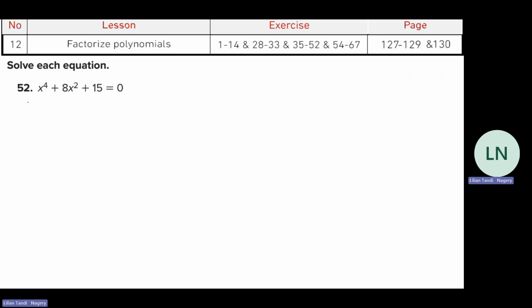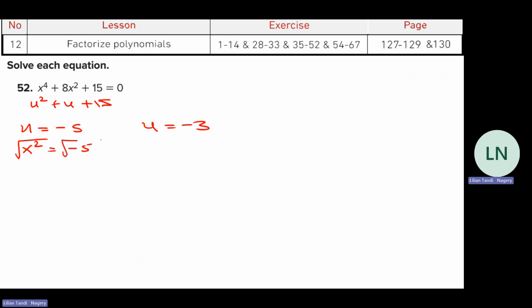Same thing here, you just do u squared plus u plus 15. Solve it in the calculator, you should get 2 u's. Your first u is -5, and your second u is -3. You should get 4 roots. x squared equals -5.